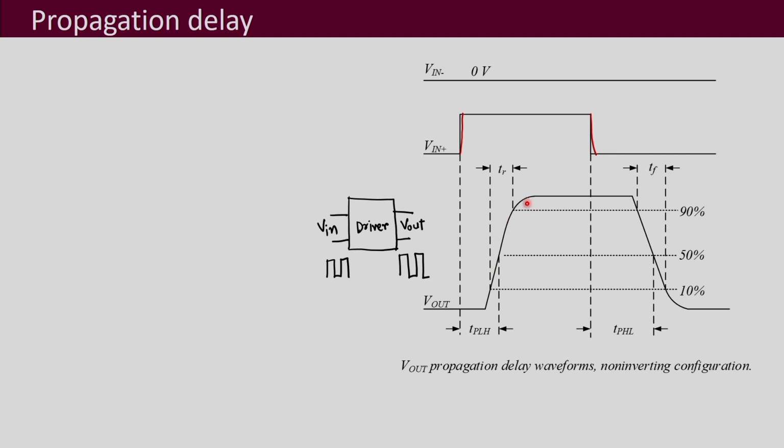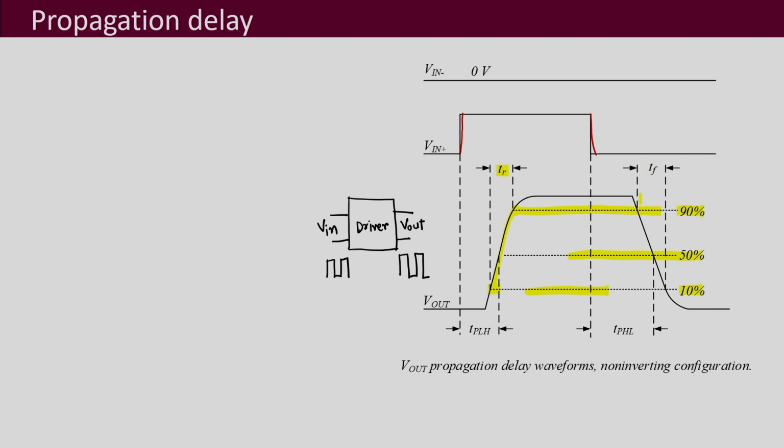Now, how do we measure this rise time? This is generally measured by dividing the signal into three parts. One is 90% of the final level, 50% of the final voltage level and 10% of that final voltage level. From 10% to 90%, whatever time it takes, that is your rise time TR of that signal.